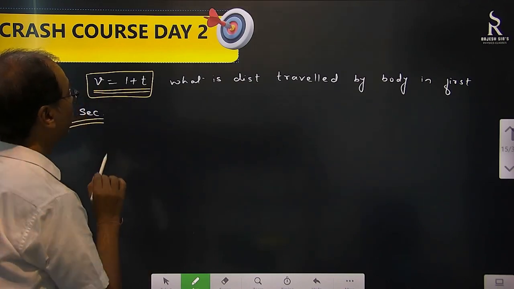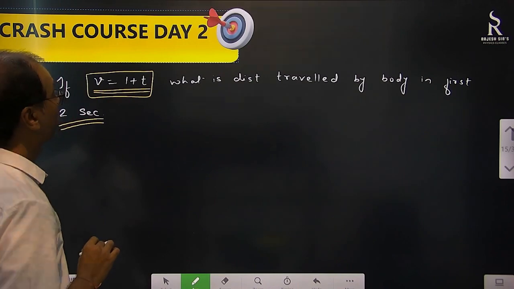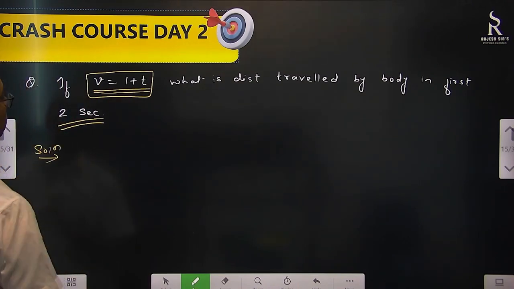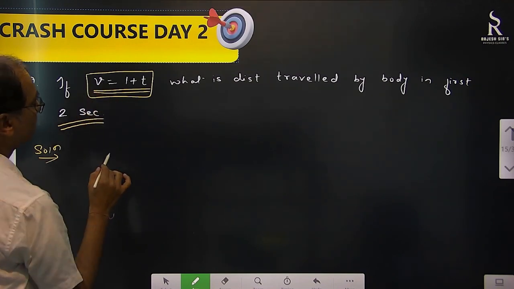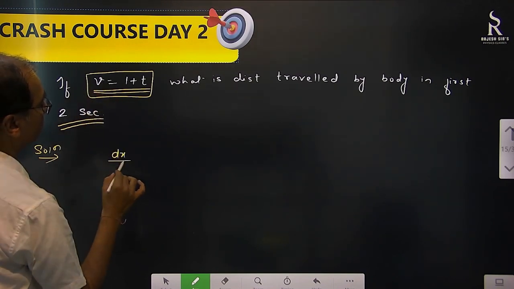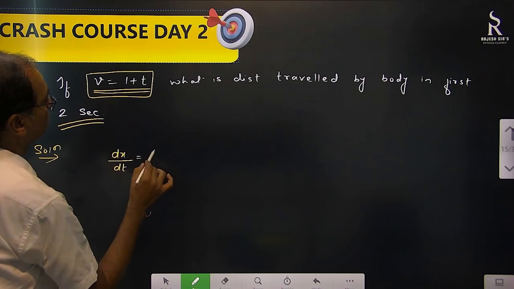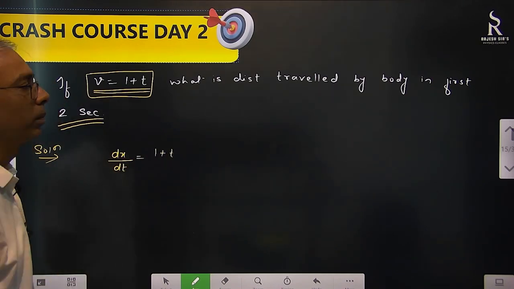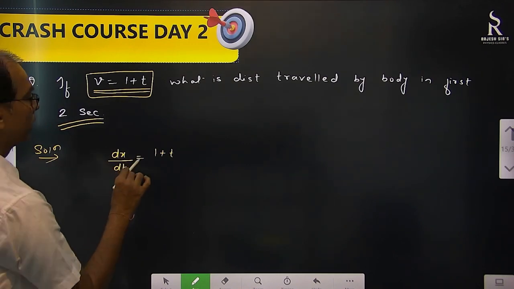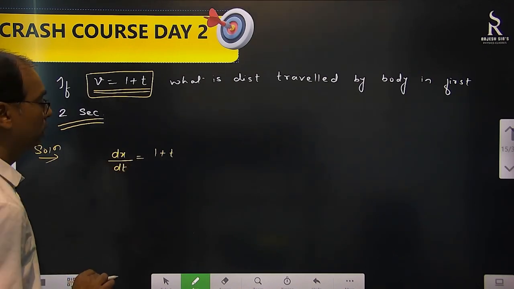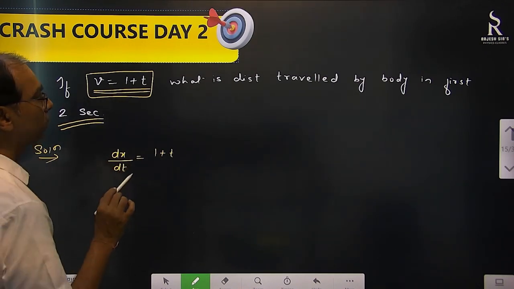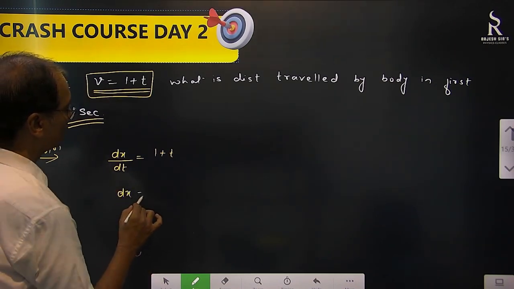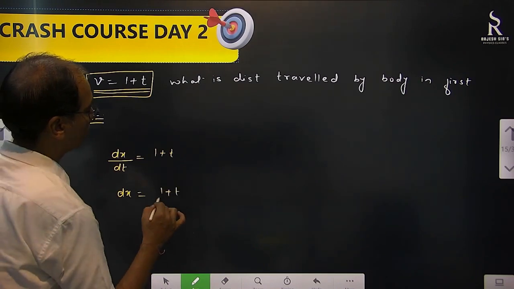Okay, variable velocity. So what we can do? We are going to write this as dx by dt. Okay, so we have written this as dx by dt. Then what we have to find? Distance travelled or displacement? So we are writing dx equal to (1 plus t) dt.